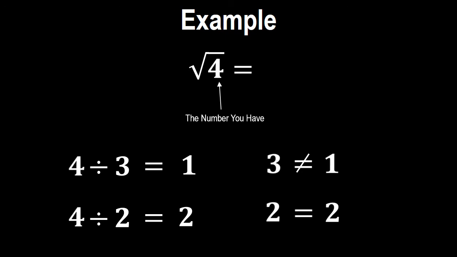So as we can see, the number we used to divide 4 into, which is 2, is equal to the answer we got. So therefore, based on our definition, 2 here is the answer to square root of 4.